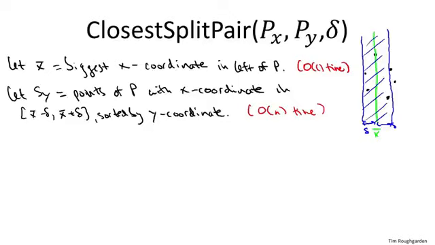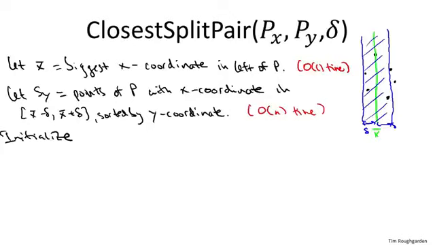Now, it's the rest of the subroutine where you're never going to believe me that it does anything useful. So I claim that essentially with a linear scan through Sy, we're going to be able to identify the closest split pair of points in the interesting, unlucky case where there is such a split pair with distance less than delta. As we do the scan, we're going to keep track of the closest pair of points of a particular type that we've seen so far.